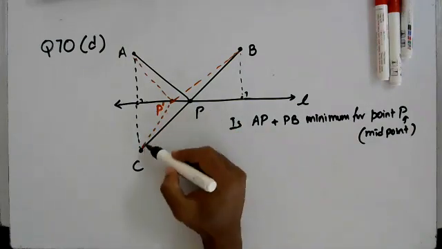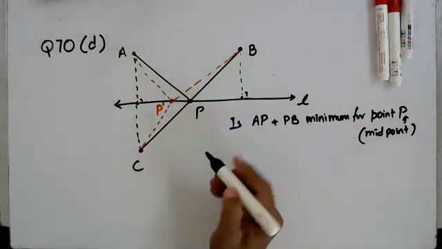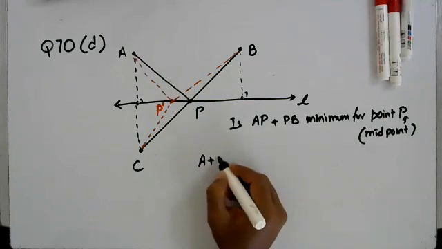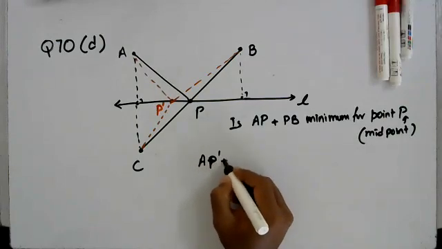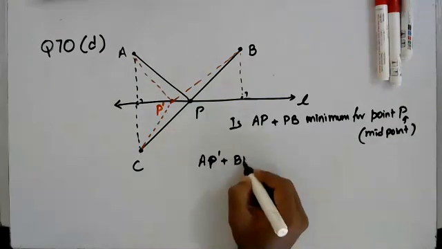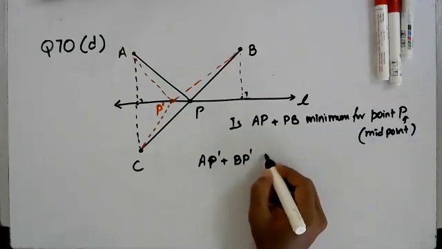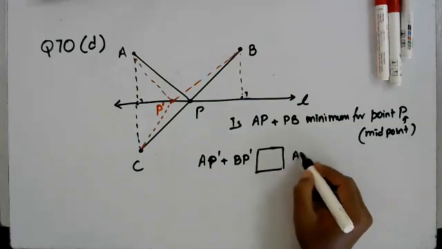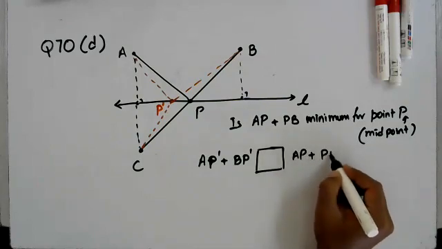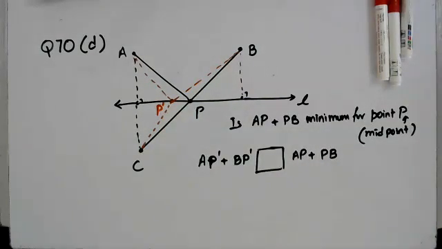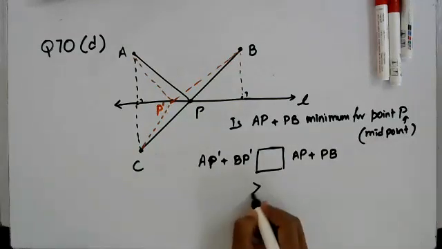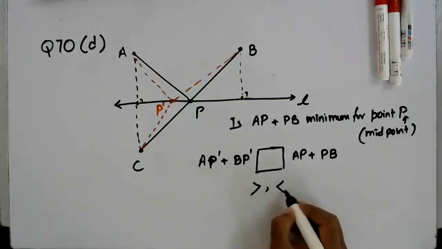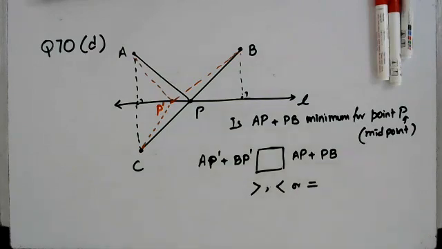So my question is, AP dashed plus BP dashed is greater than, or equal to, or less than AP plus PB. So you can say this is greater than, less than, or equal to. Which one will you put there? And more importantly, why?